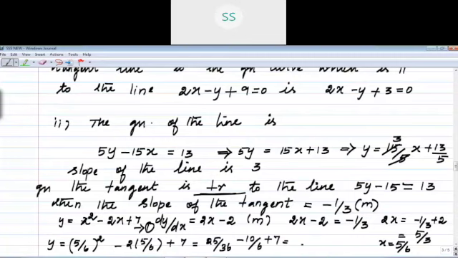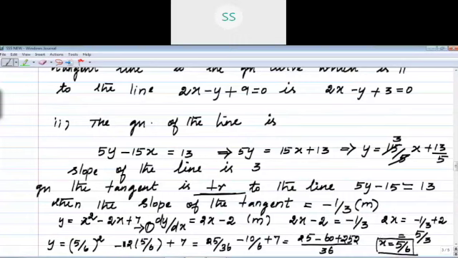You have to take LCM, that is 36. 25 minus 60 plus 7 into 36. When you multiply, you have to be very careful, children. 7 into 36. 7 6s are 42, remaining 4. 7 3s are 21. So 252, right?